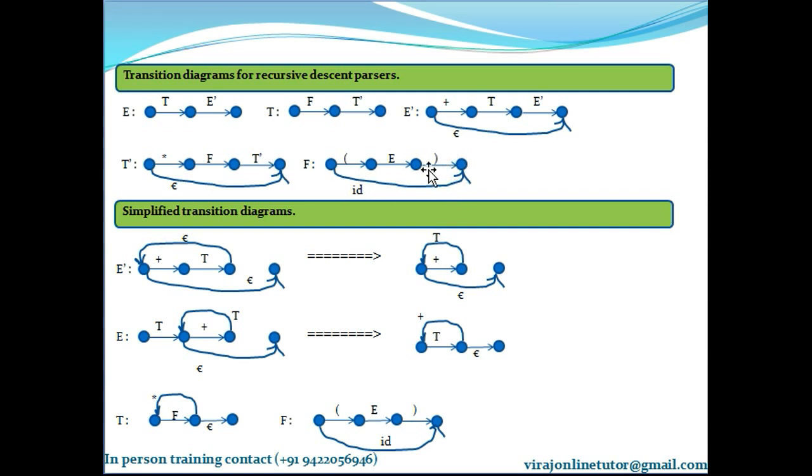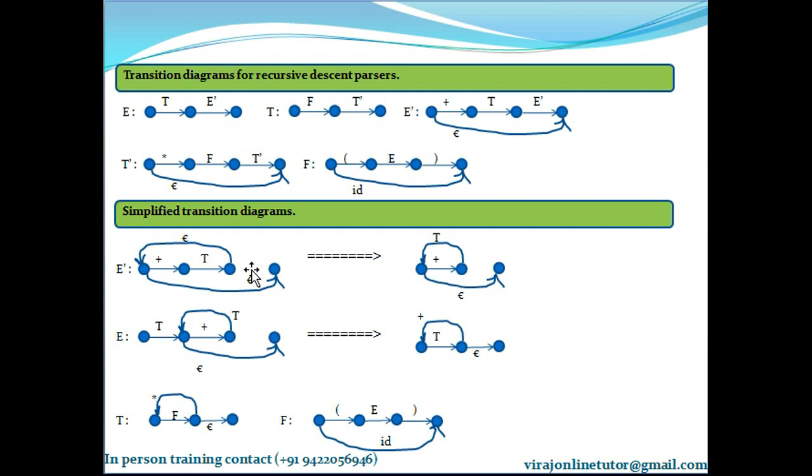So I've just drawn transition diagrams for all those productions. And these are the simplified transition diagrams from above. I've just tried to optimize it. For example, for E dash, it is plus T E dash or epsilon, right?